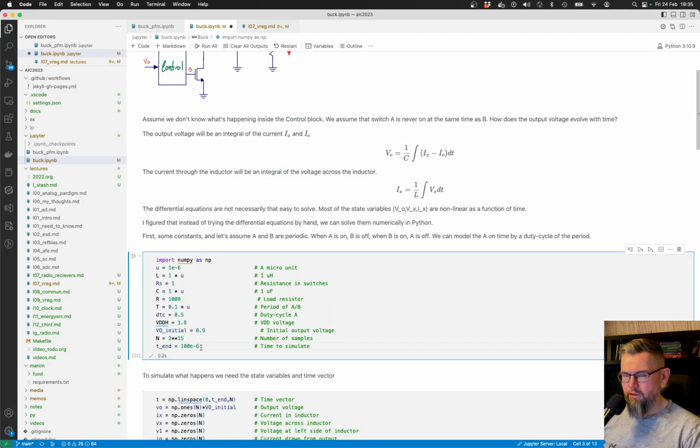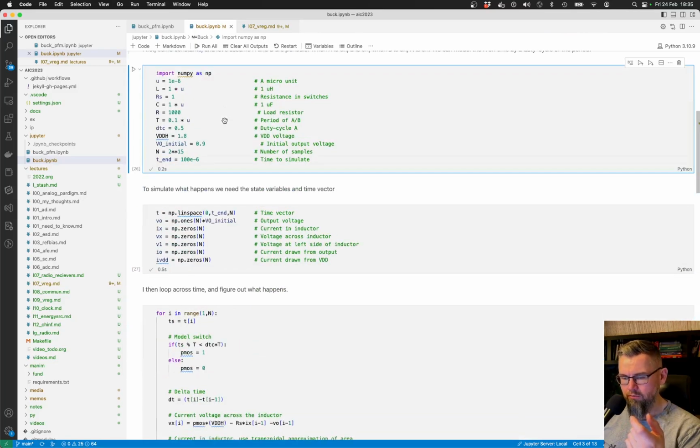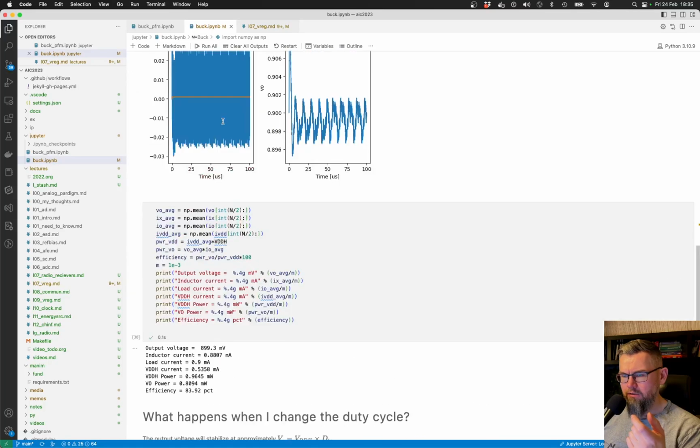Let's run it even a bit longer. Now, my output voltage is going to be a function of the duty cycle, how long the PMOS is on and then how long the NMOS is on, as you can see down here. So now we have an output voltage of roughly 0.9 volts, and an inductor current of 0.9 milliamps, which is roughly the same as the load current.